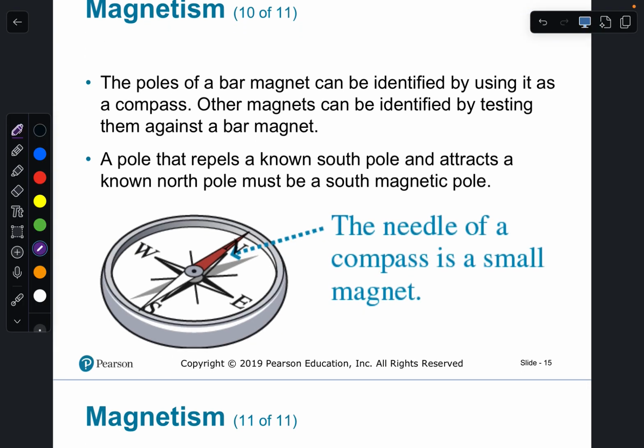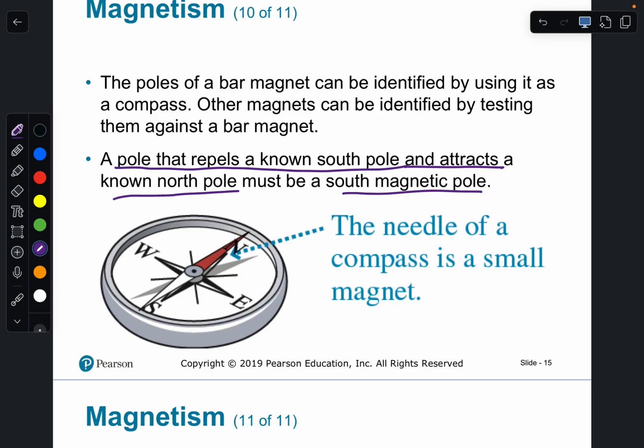The magnetic field that is sensed by a compass points towards magnetic north, okay? So a pole that repels a known south pole and attracts a known north pole must be the south magnetic pole.